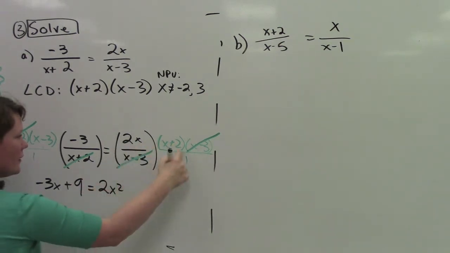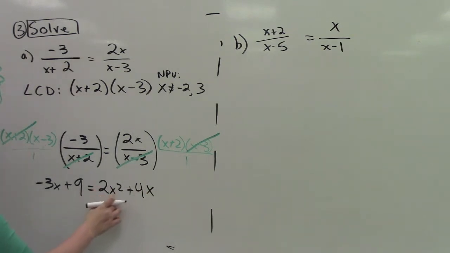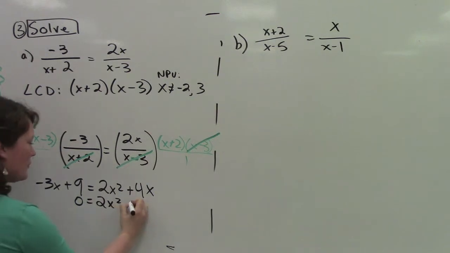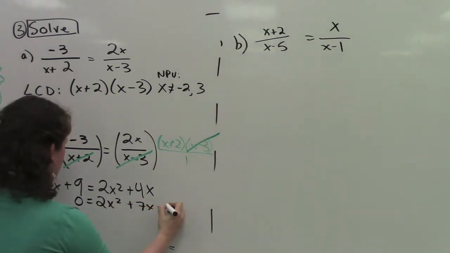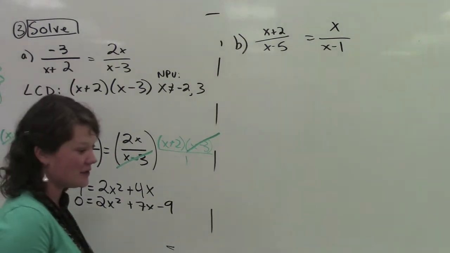2x squared plus 4x. I don't want to make this negative, so I'm going to take everything, add 3x to both sides and subtract 9 from both sides. So that's going to be 0 equals 2x squared plus 7x minus 9. Two numbers that multiply out to negative 18 and add up to 7. We're talking about positive 9 and negative 2.